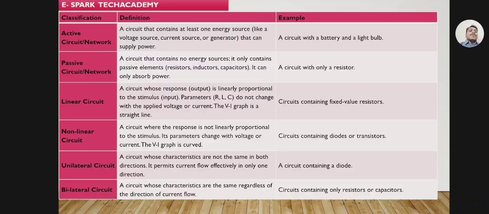Unilateral circuit: a circuit whose characteristics are not the same in both directions. It permits current flow effectively only in one direction.